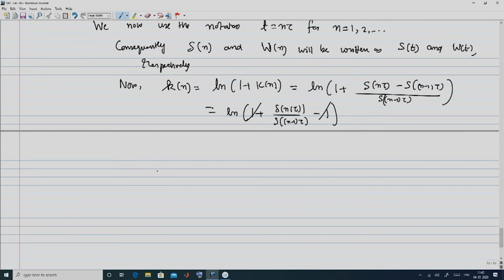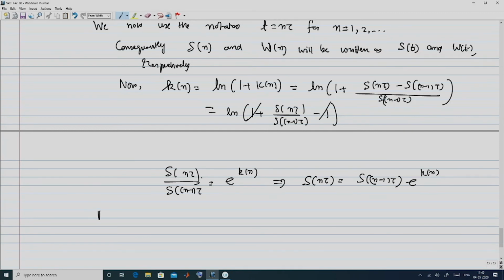So, this will give me that S of n tau over S of n minus 1 tau, which is going to be nothing but e raised to k n. Which implies that S of n tau is equal to S of n minus 1 tau into e raised to k n.